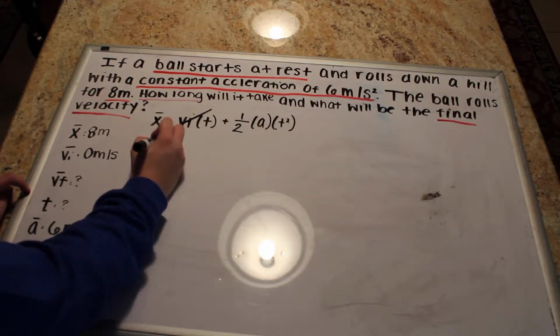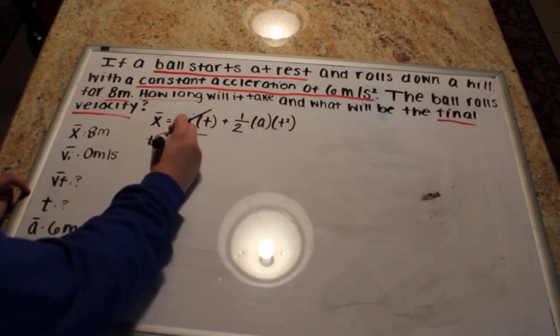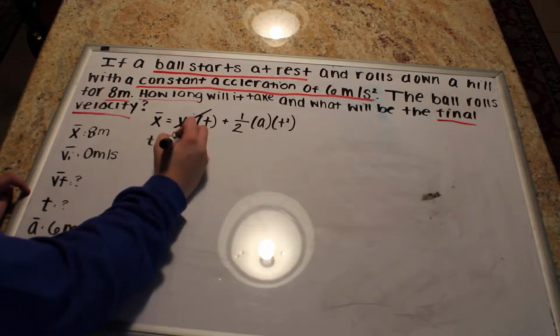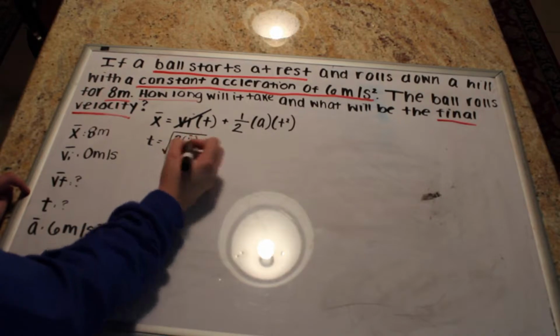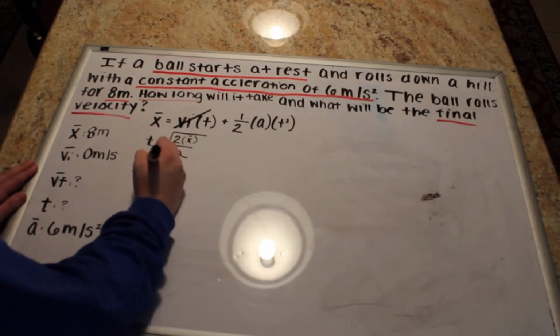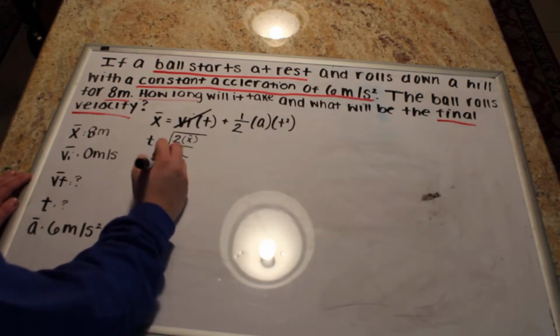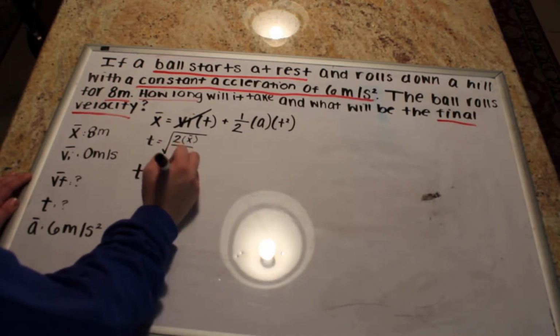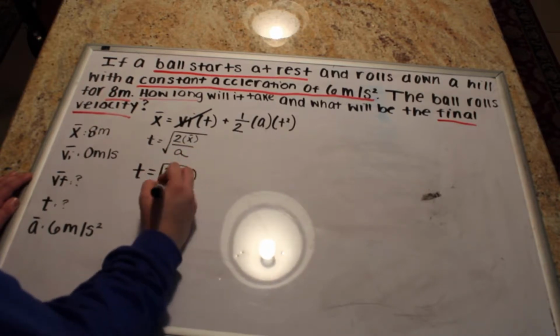I have to have time by itself, and that equation will become time equals the square root of 2 times displacement divided by acceleration. I'm going to plug in my numbers, making the square root 2 times 8 meters divided by 6 meters per second squared.